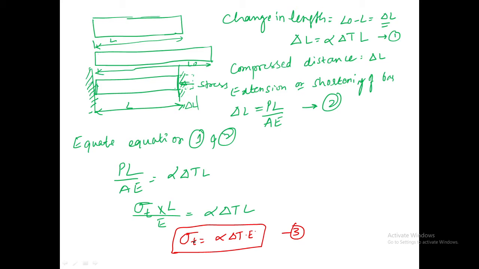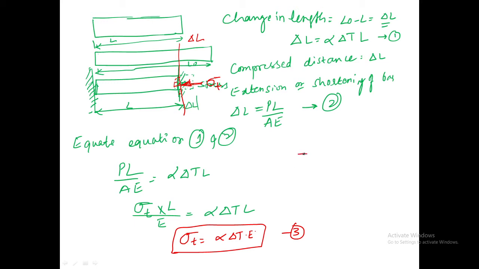When it is completely restrained, that means its expansion is completely constrained, we have considered how much amount of length it would have increased. That amount of length has been constrained here. Because of this constraint, it is going to be subjected to some internal stresses. That type of stresses are called temperature stress.